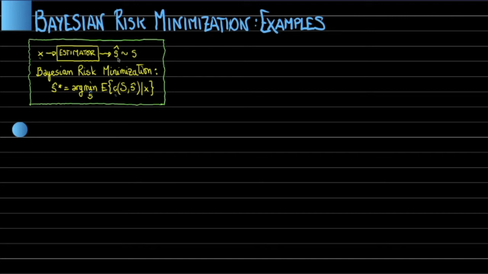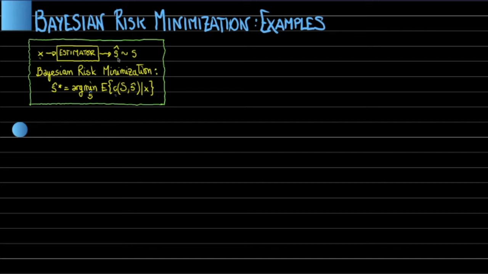S. Under the Bayesian risk minimization approach, we will assume that we are given a cost function C, which states what is the penalty of using S hat as an estimation of S. The estimator is selected in order to minimize the expected value of the cost that we usually call the risk.